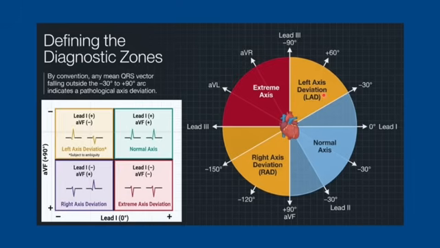And in this case, you need to look at lead 2. If it is positive, it is normal axis. If negative, it will be left axis. And if lead 1 is negative and AVF is positive, it is right axis deviation.